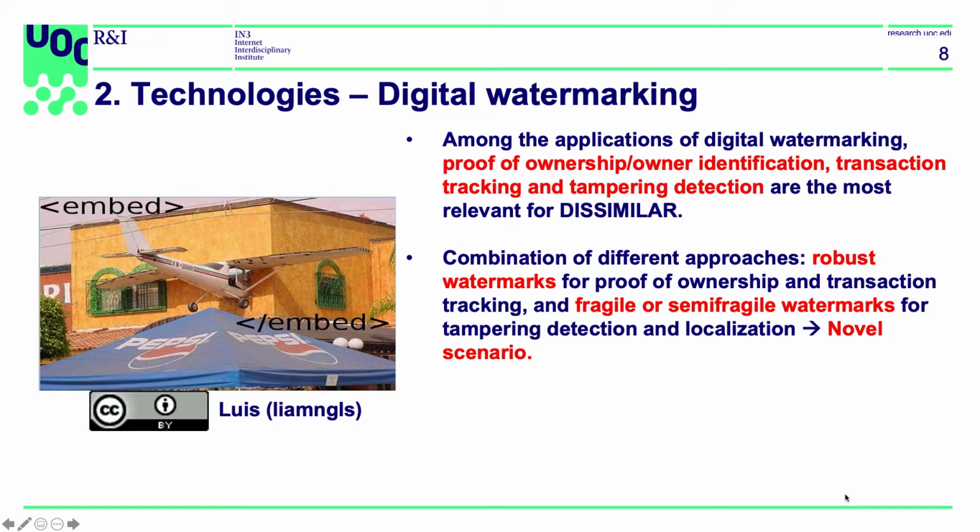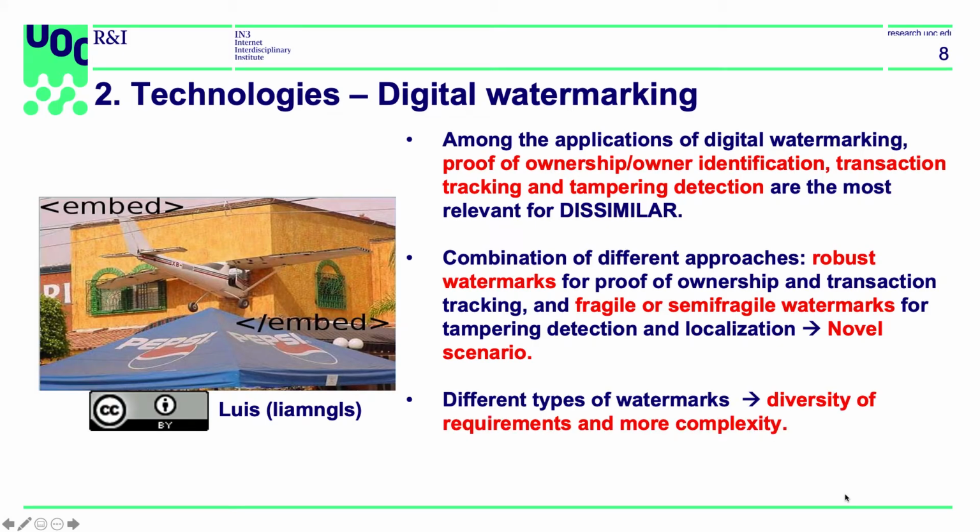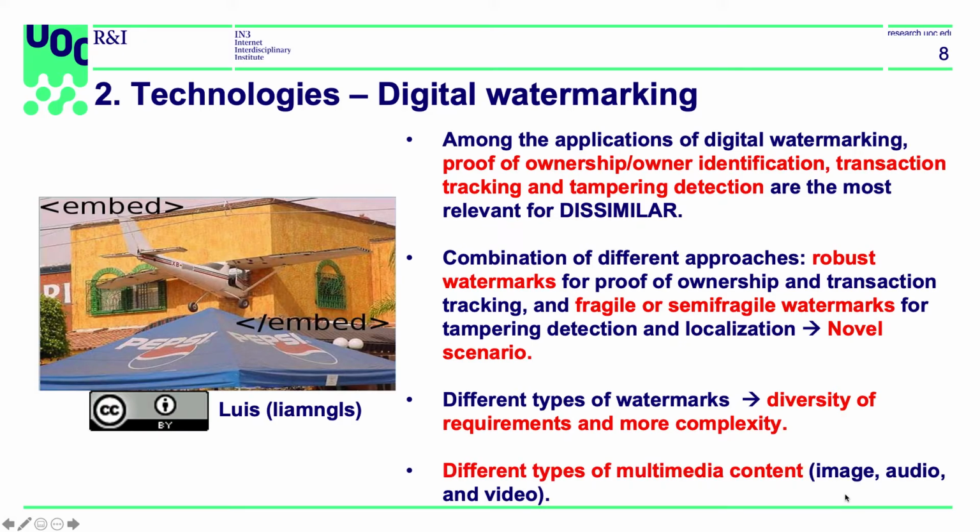This is quite a novel scenario in which different types of watermarks are involved, and this represents a diversity of requirements and more complexity compared to traditional digital watermarking applications. In addition, we will be considering different types of multimedia content, including image, audio, and video.